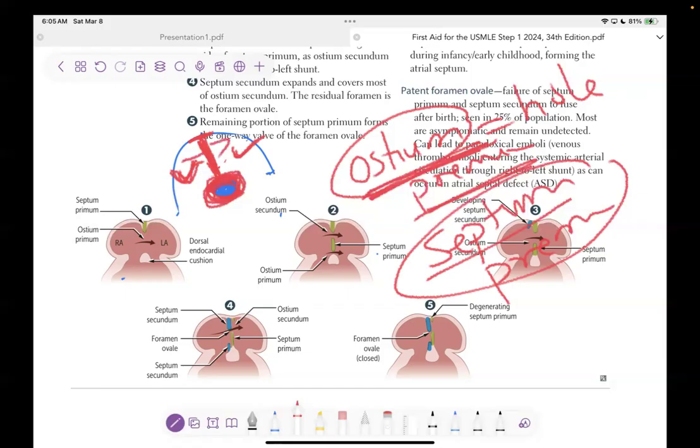Why to the left side? Because we know that the left side of our heart has the aorta, and the aorta can send the blood to all the systems all over the body of the baby. This is the reason that the right side of the baby's heart should have a connection with the left side. All the blood coming from the mother to the umbilical vein goes to the right side of the heart.